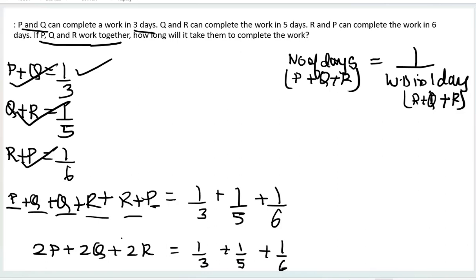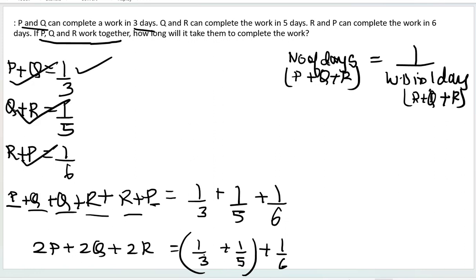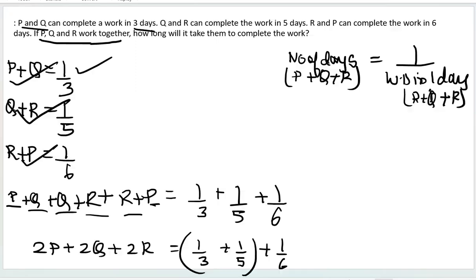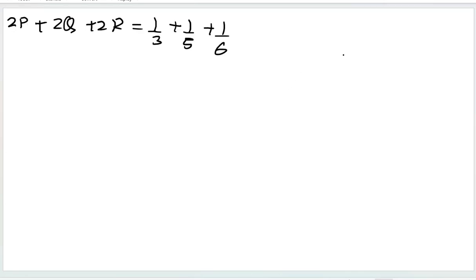Now, to add these numbers, I need to first make the base same. But before that, I need to take 2 numbers at a time. Therefore, I take 1 upon 3 plus 1 upon 5 first. So I have 2p plus 2q plus 2r to be 1 upon 3 plus 1 upon 5 plus 1 upon 6. First I add 1 upon 3 and 1 upon 5.